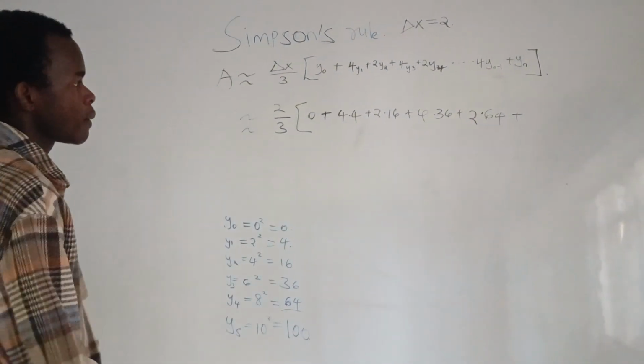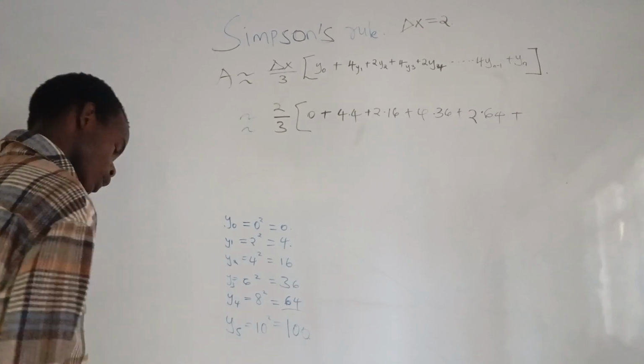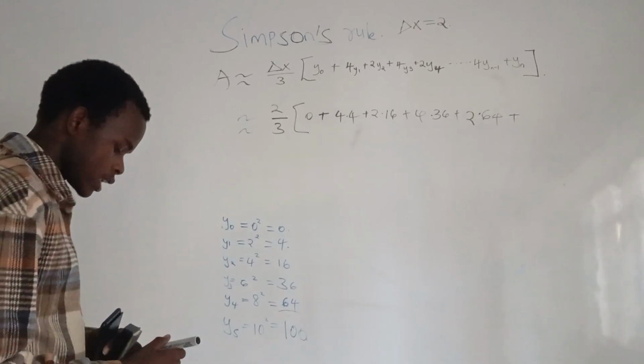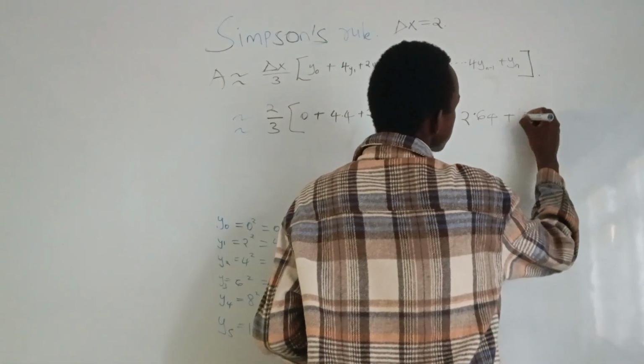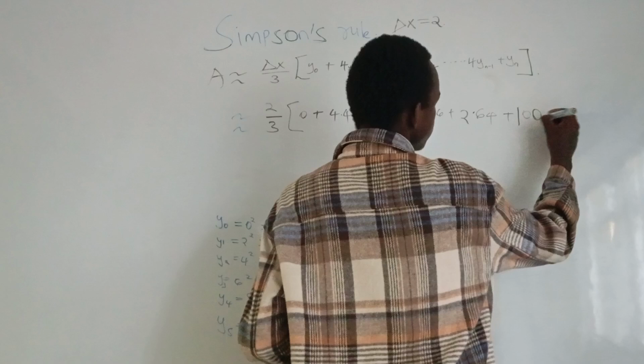We don't alternate the 2 and the 4 on the last term; it is independent, just the same as the first term, so it is just 100, as simple as that.